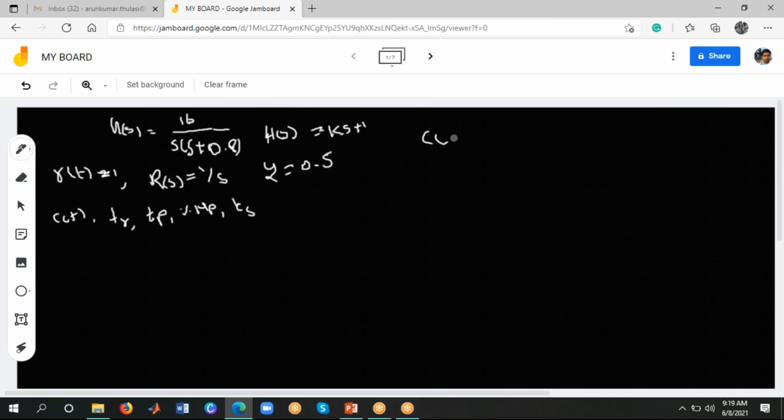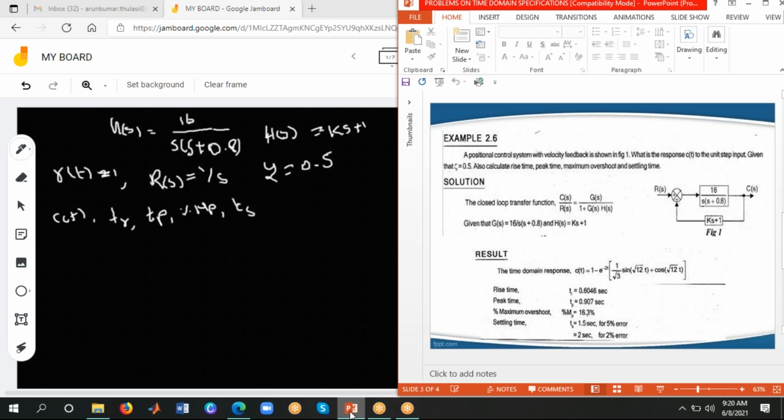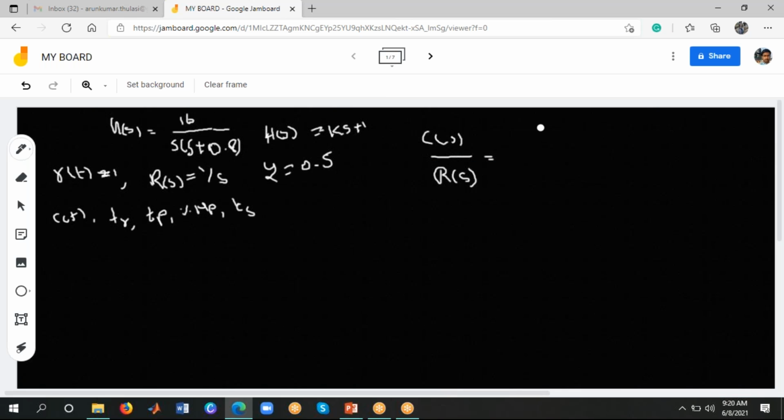C of s divided by R of s is equal to, since it is a negative feedback system, the transfer function is like this: G of s divided by 1 plus G of s H of s.